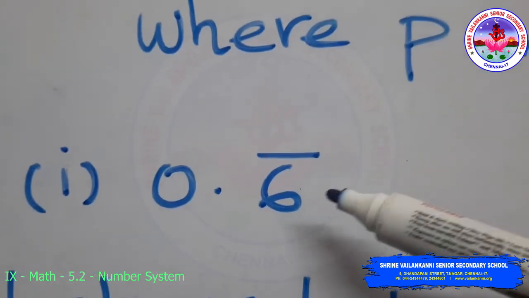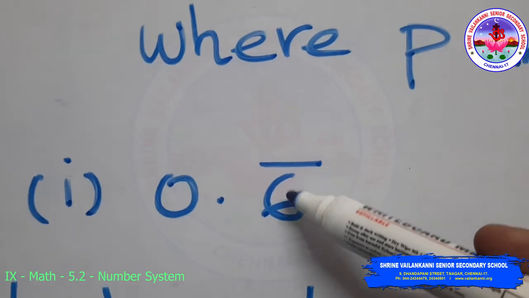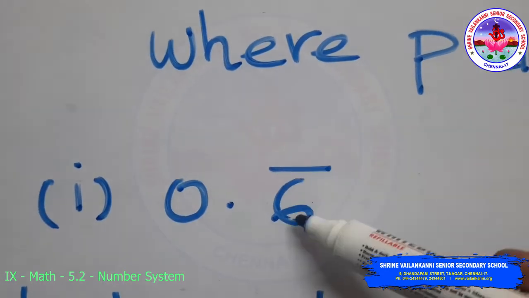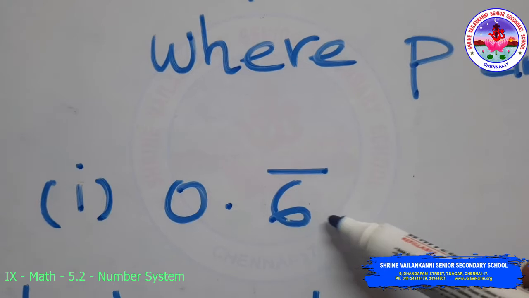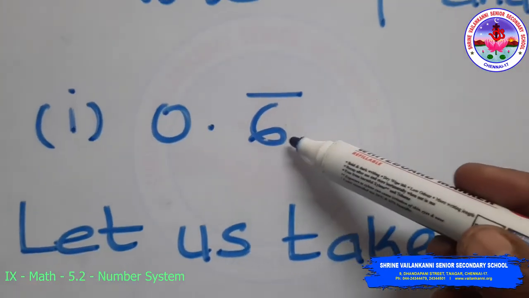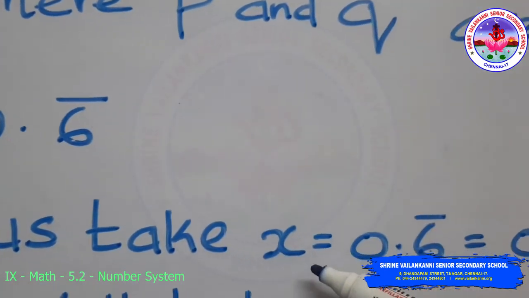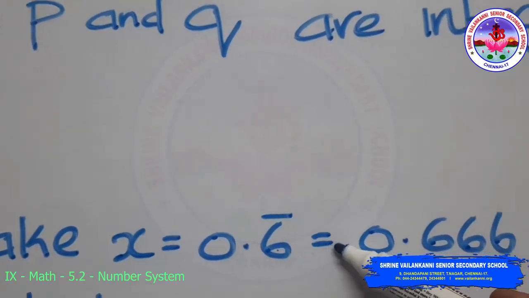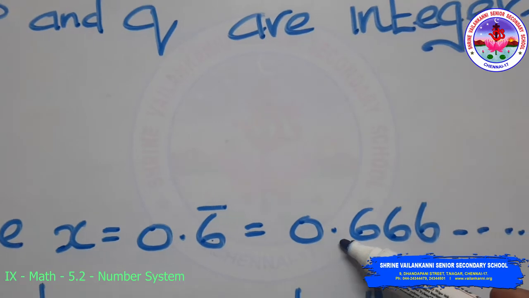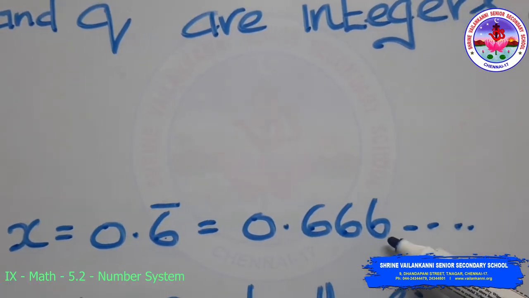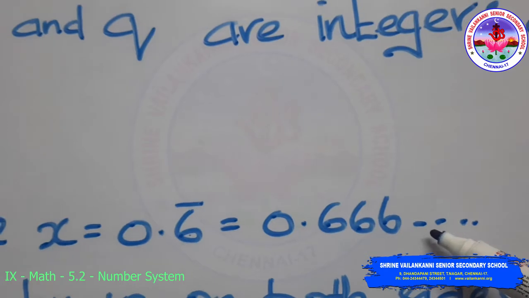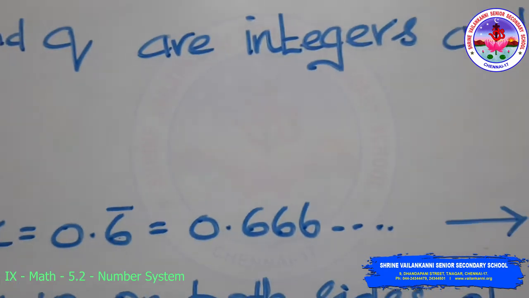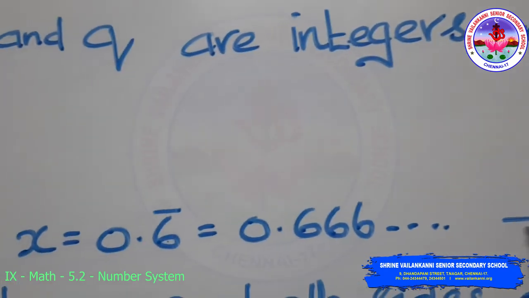First problem, 0.6 bar. So the bar is placed above 6, which means that the digit 6 gets repeated. So now let us take x is equal to 0.6 bar, which I am writing as 0.666 and so on. Calling this equation 1.